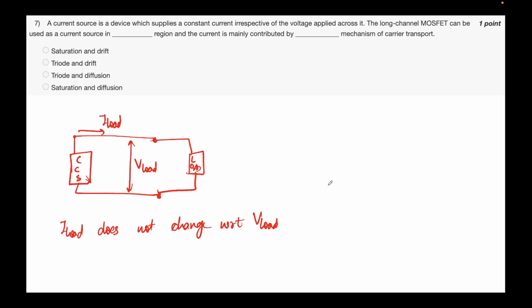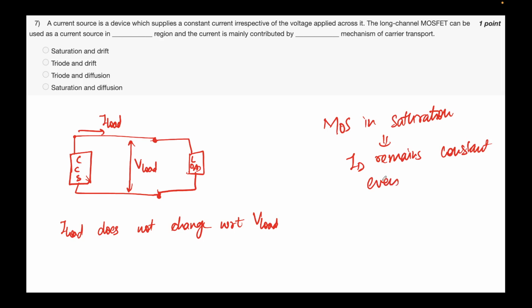When we operate an NMOS MOSFET in saturation, we had seen that ID remains constant even on increasing VDS. We had seen that. This is what I had drawn.